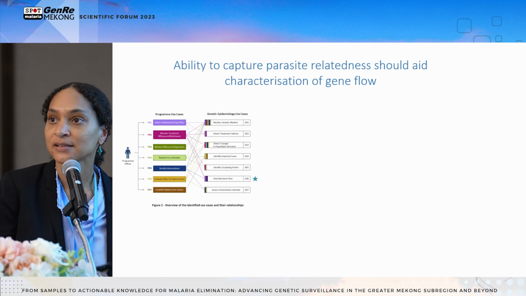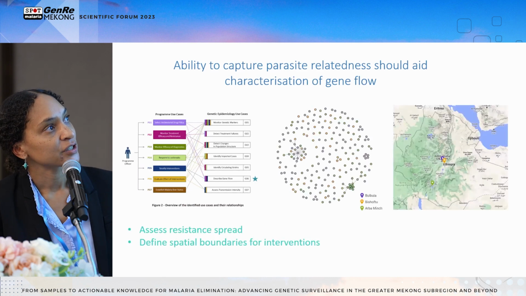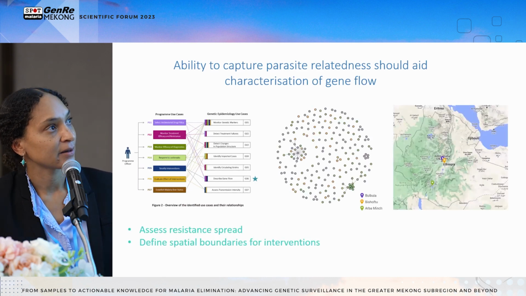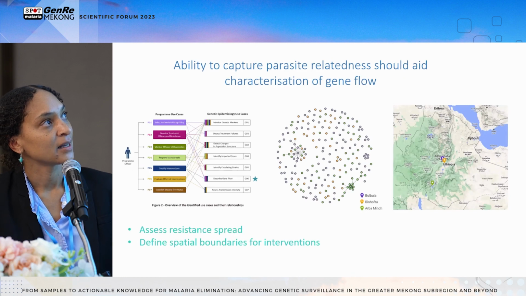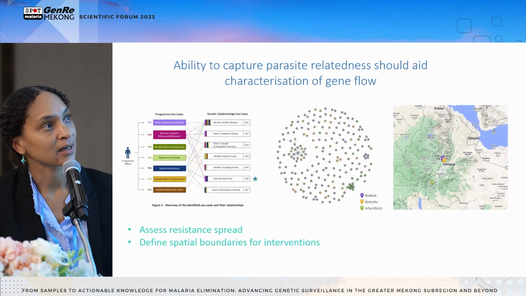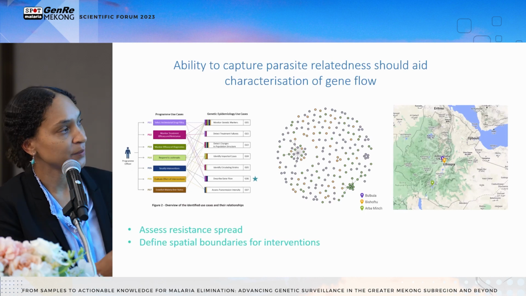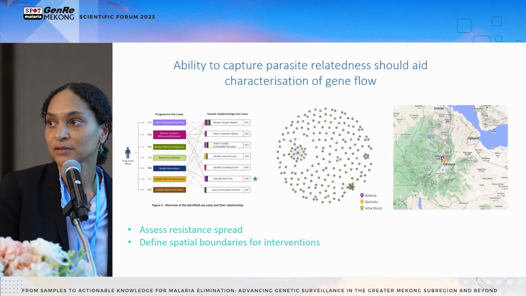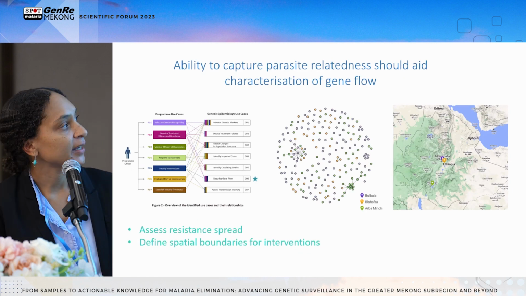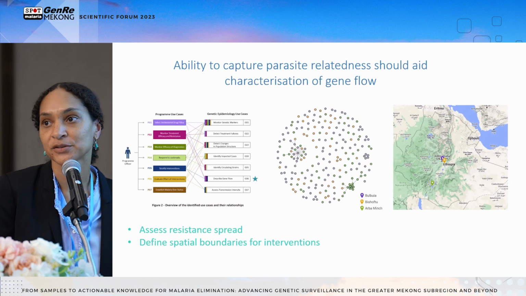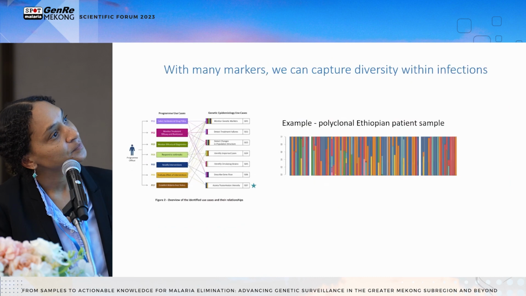We haven't looked at this in a lot of detail. Just to show you a little bit of data here, though, we should be able to, even within a country in a particular area, get an idea of the connectivity between communities, which might be useful for assessing risk of resistance spread and defining spatial boundaries for interventions.